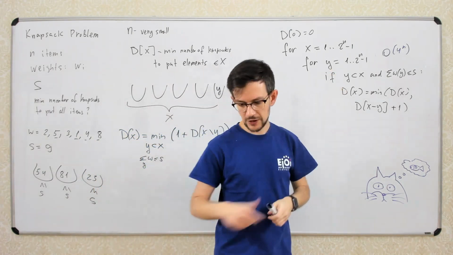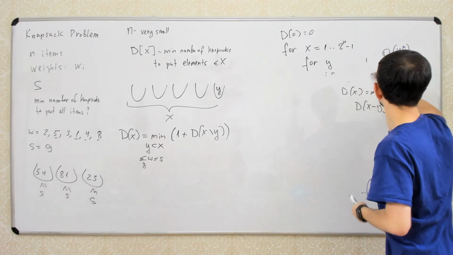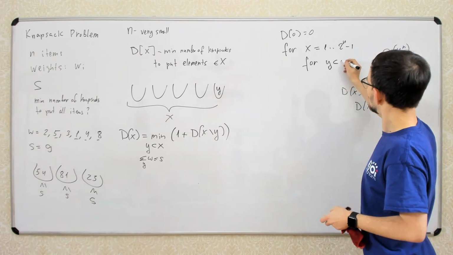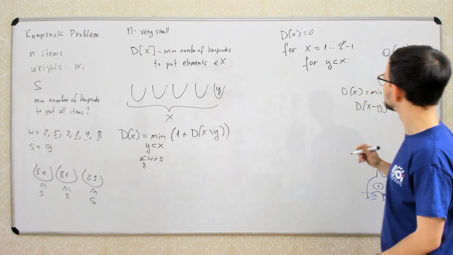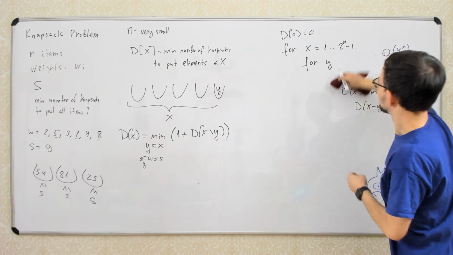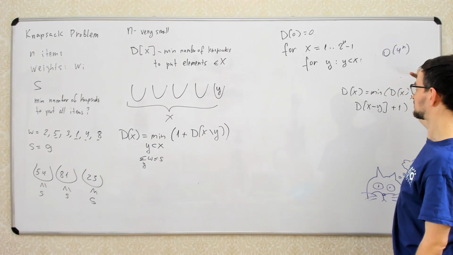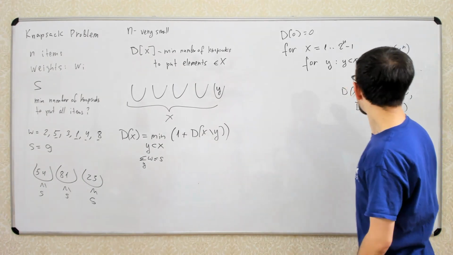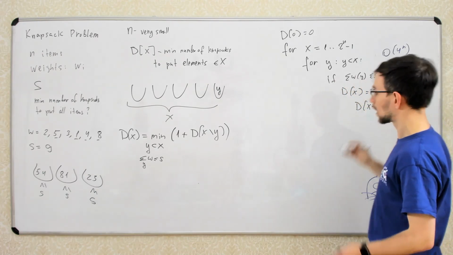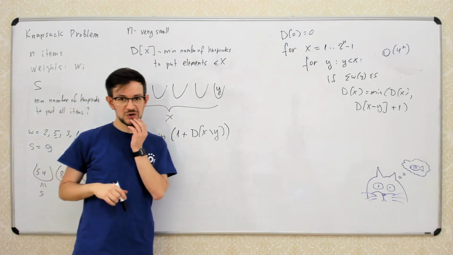So if we here iterate not over all sets, but only over the subsets of X, for Y such that Y is a subset of X, like this. Okay, clear enough. And here I want to check again that the sum of Y is no more than S. Will it improve the time complexity if I change it like this or not?